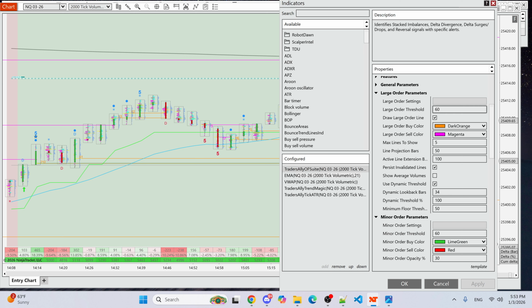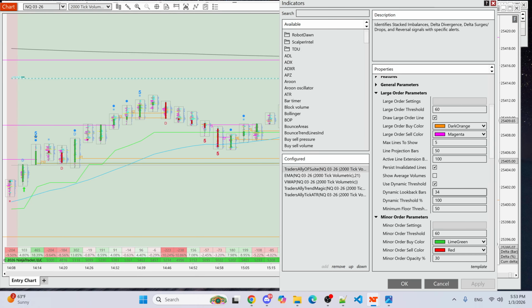Now we can set a threshold that we don't want to show any large orders below 60. But I prefer the method of having a dynamic threshold. So we take the last 34 bars, and we're basically finding out the large orders dynamically, algorithmically.